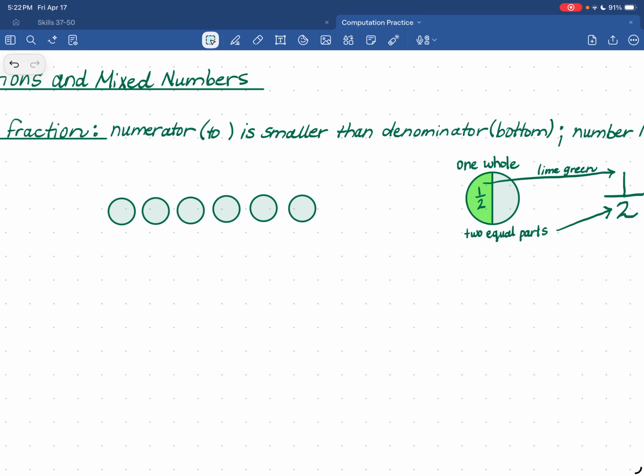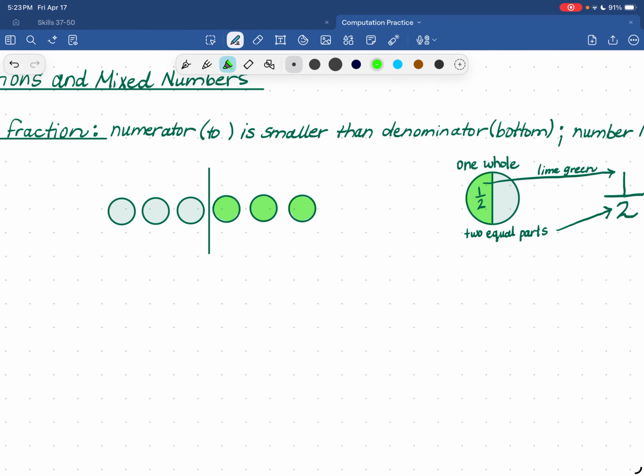So if you cut this picture into 2 equal parts and you color one of the parts, not just one circle, but literally half of the circles you have. Imagine these are cookies and you ate half of them.